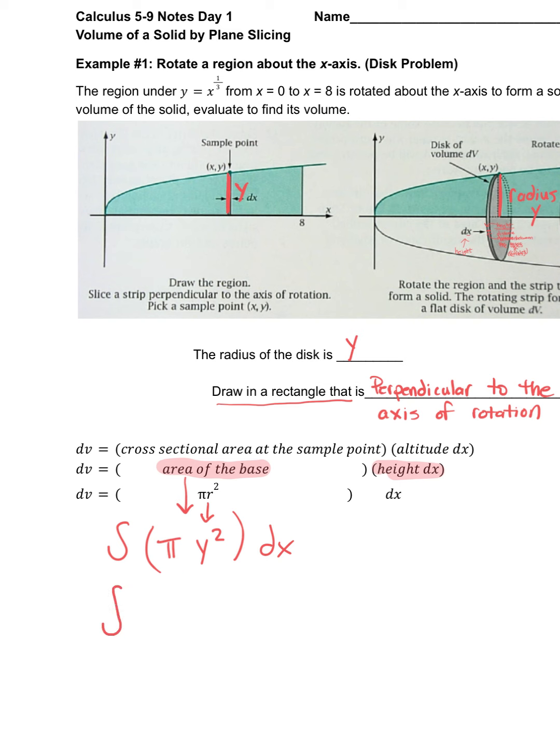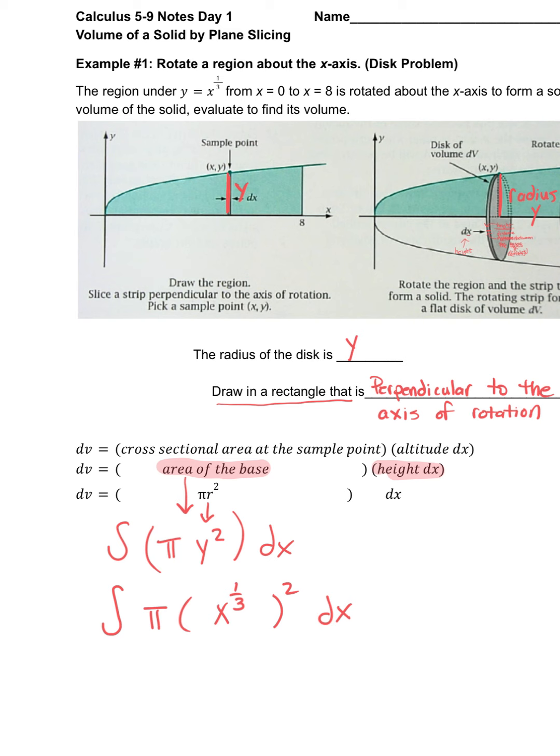We have the elongated s, the pi comes along for the ride, but the y value we can fill in. We go up to our function: y is equal to x to the 1/3. So I plug that in, x to the 1/3, and then I bring my dx down. Now I have my integral all with one variable, x's and dx's: pi x to the 1/3 squared dx.